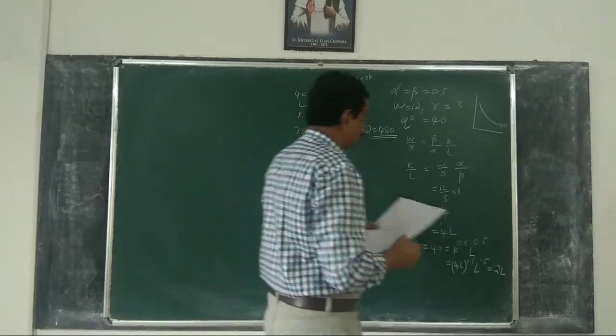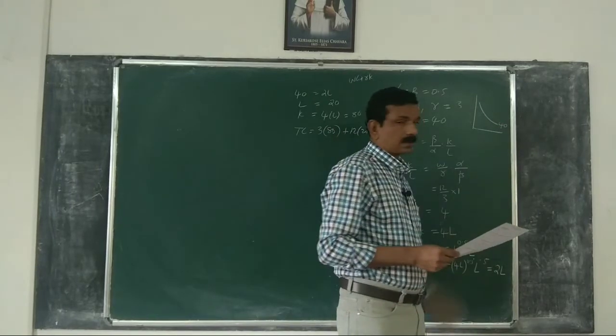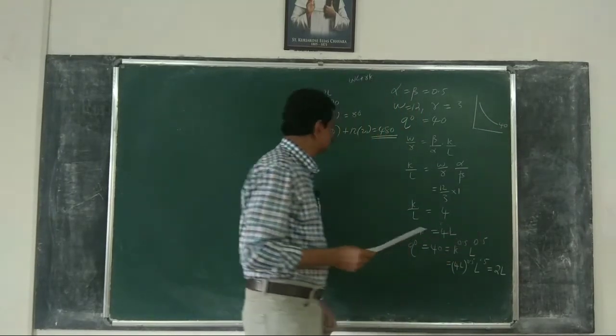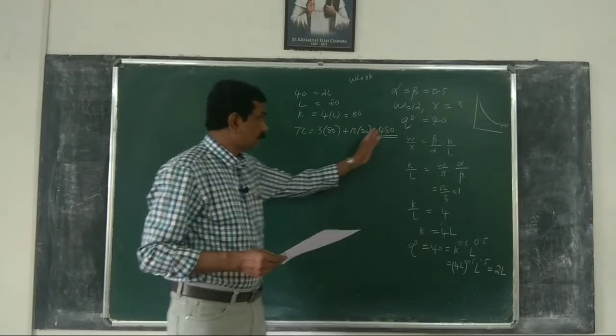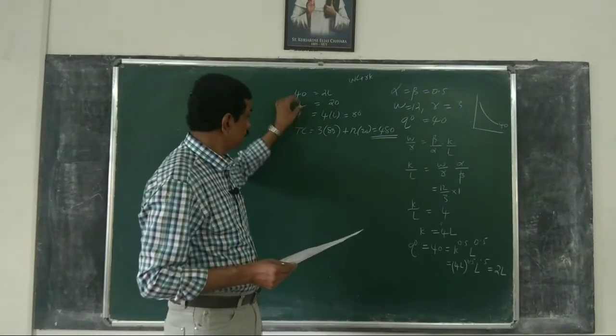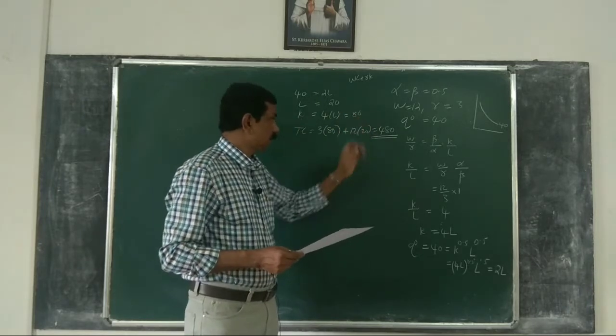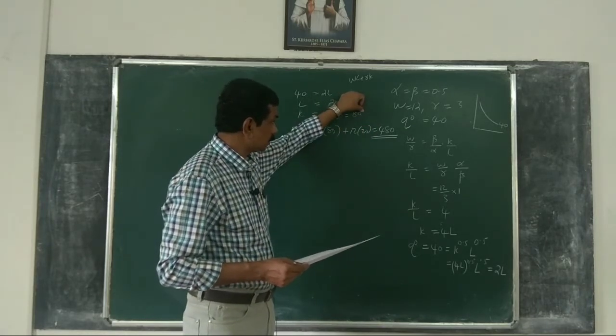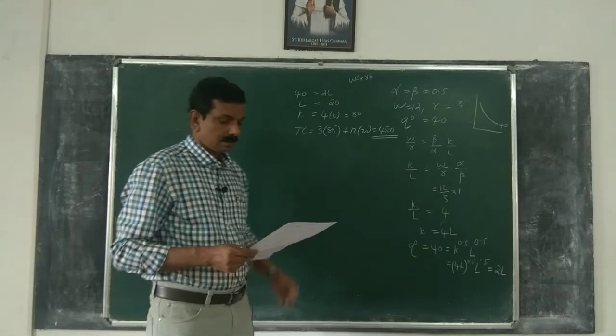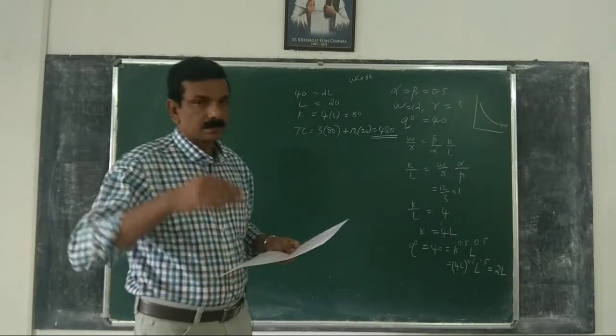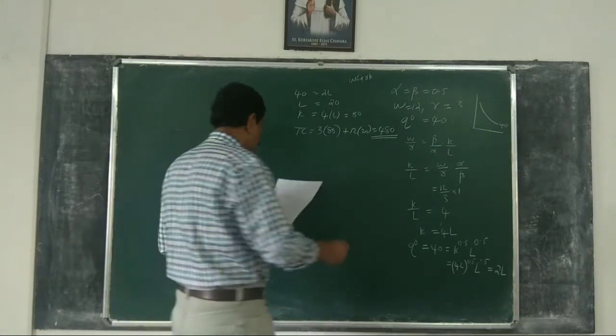The cost of producing an output equal to 40 is 480 when the firm uses L equal to 20, K equal to 80, which is the least cost combination of inputs to produce the level of output 40.